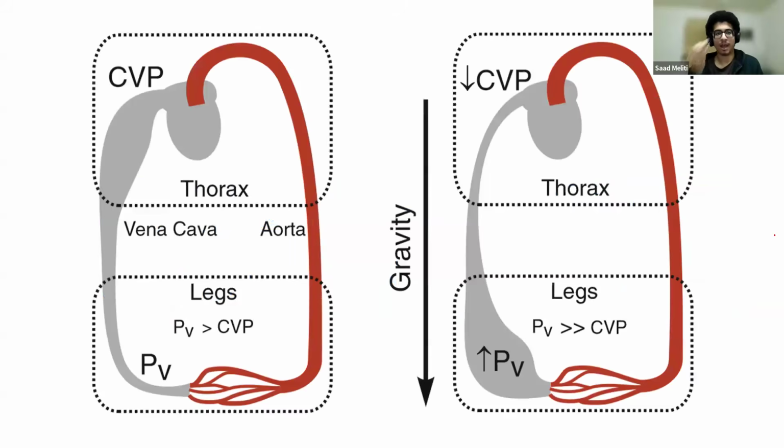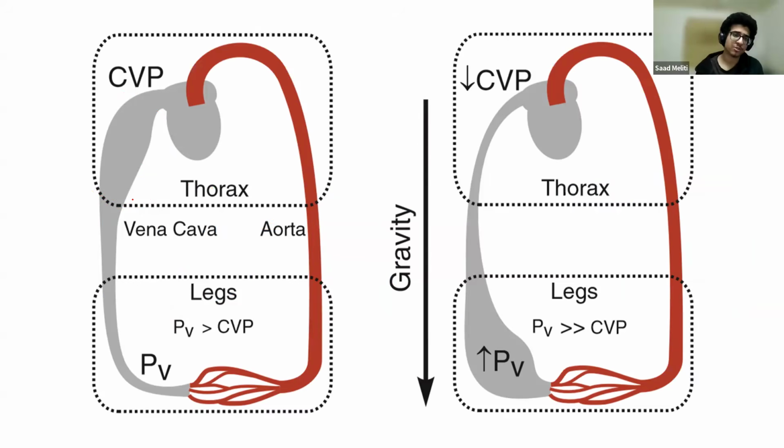Now we're going to talk about what happens to our central venous pressure when we're lying down and when we're standing up. When we're lying down, the blood in the veins tends to pool near the heart in the central venous compartment. If you remember from earlier, the central venous compartment is anything above the diaphragm.